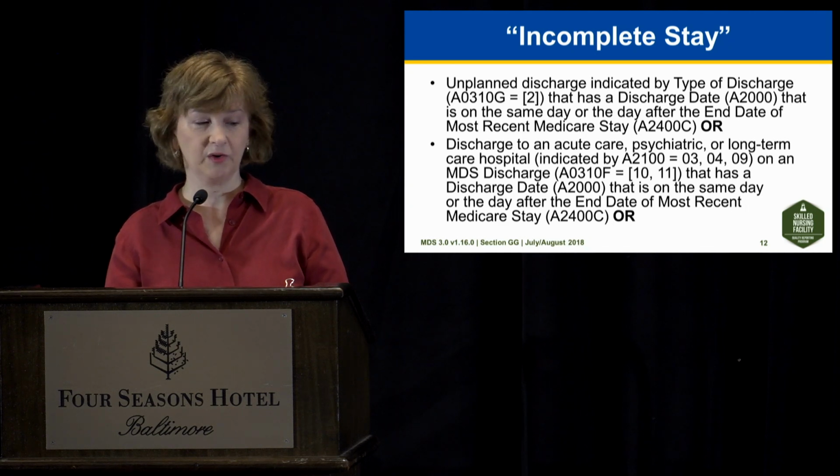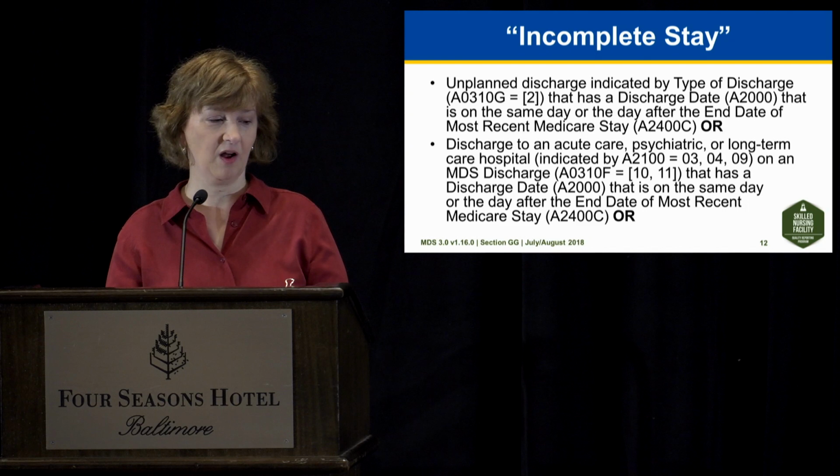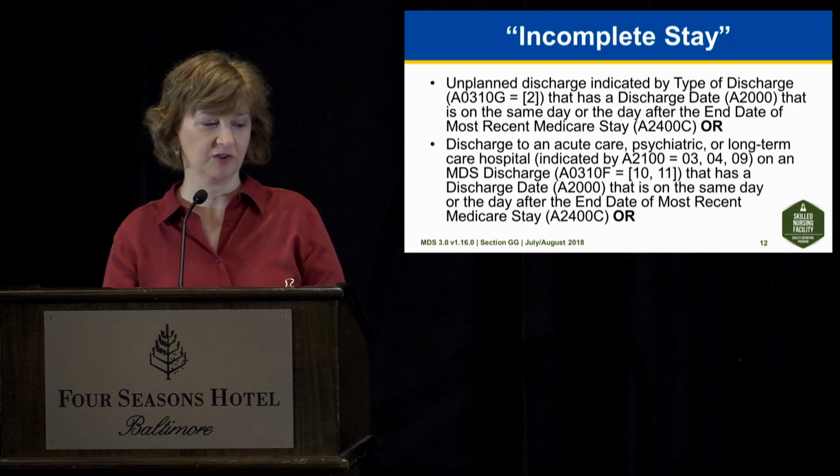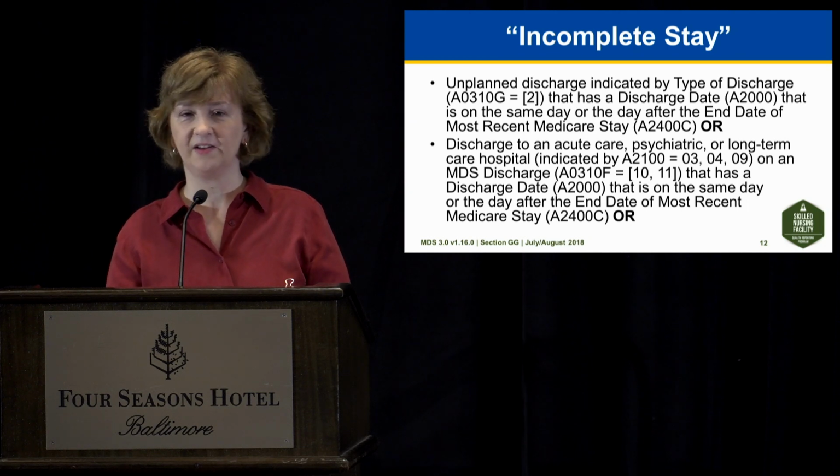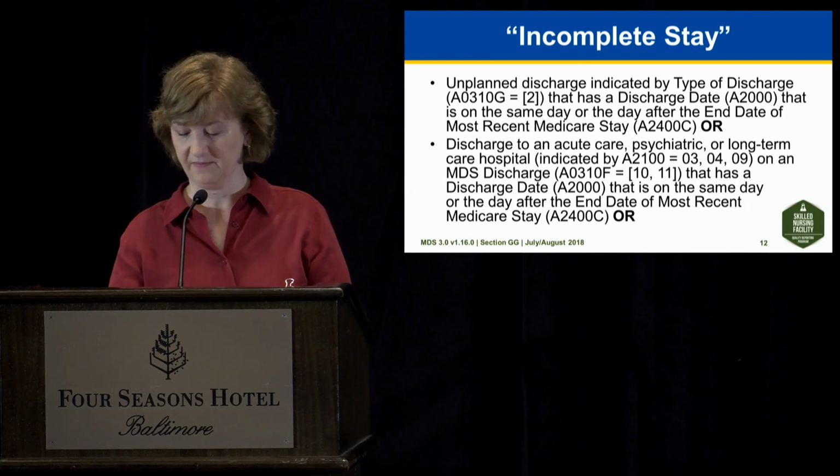Discharge to an acute care setting, or an acute care hospital, psychiatric hospital, or long-term care hospital would be considered an incomplete stay, or on the MDS discharge where A0310F is equal to 10 or 11, and the most recent date of the end of the stay reported in A2400C.